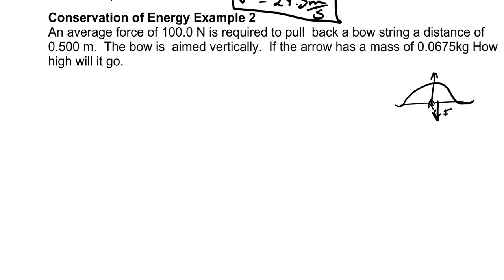Well, let's think about this. The arrow is going to travel up, reach a maximum height, and then come back down. So what type of energy does it have at the beginning? The energy initially equals the energy finally, but we have to figure out what kind of energy we have at the beginning.